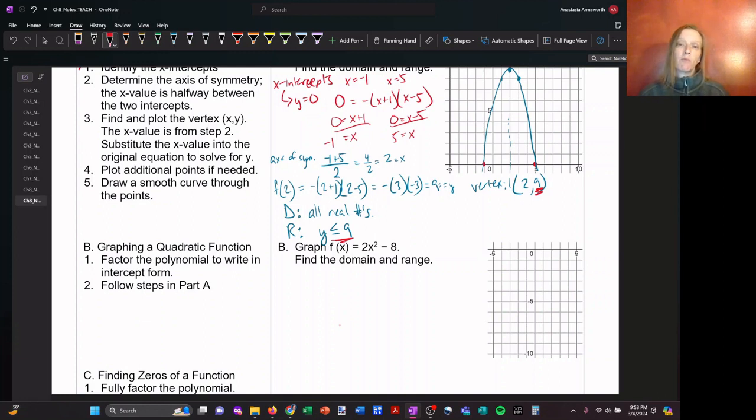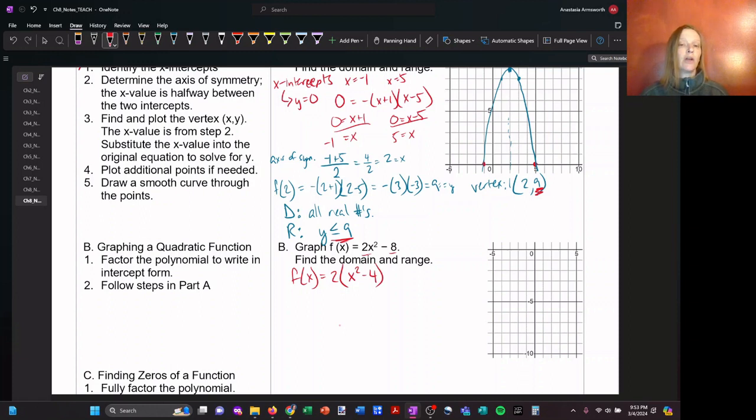So, remember, when you are fully factoring a polynomial, the first step is to look for a greatest common factor. So 2 and 8 share a greatest common factor of 2. So I'm going to rewrite f of x as being 2 times x squared minus 4.